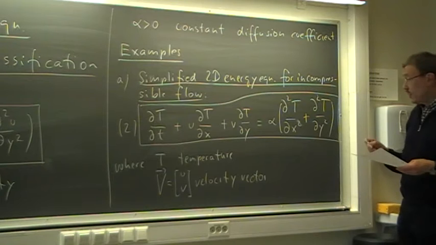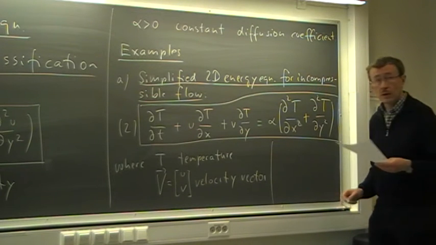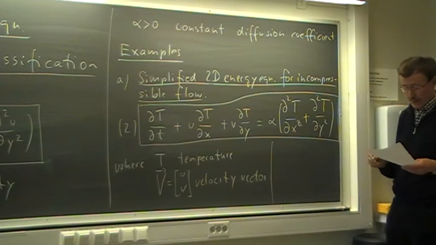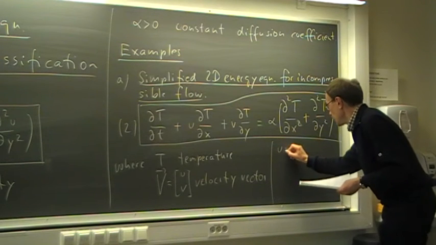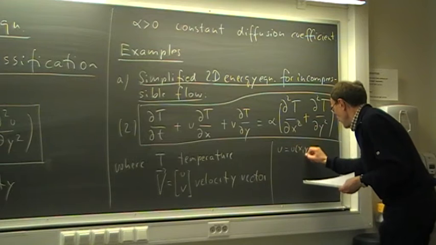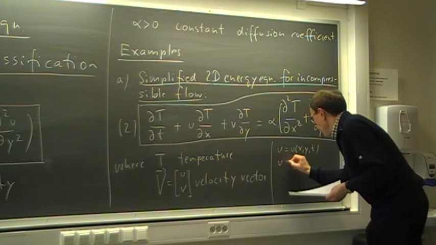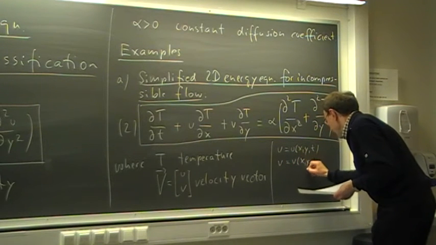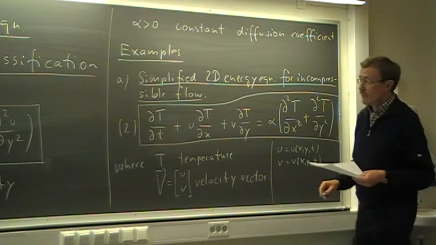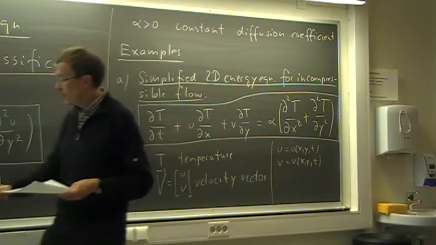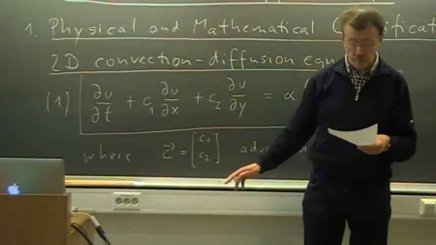And they might depend on x, y, and t actually. That is possible, and that is in fact so in practical applications. So that is then an example when the convection velocity that we have here, the c, is not constant.